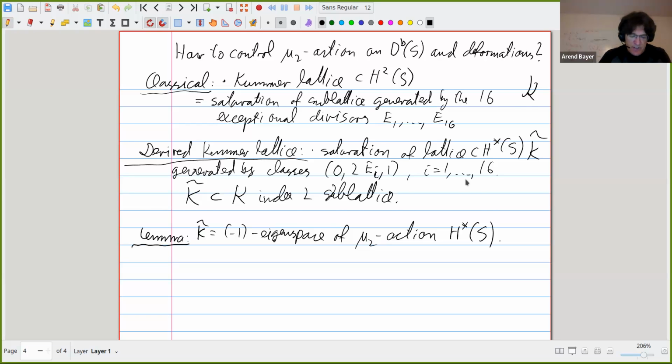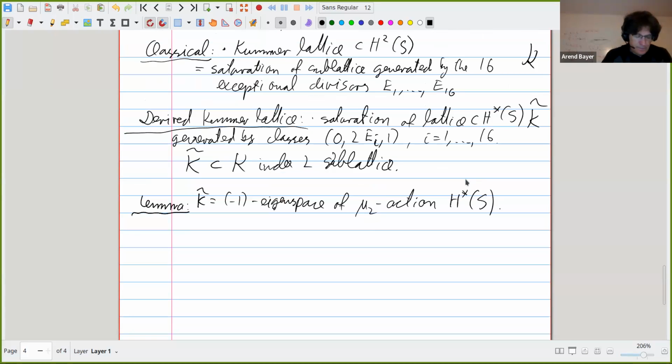Okay, and let me also add that inside the orthogonal complement, this is basically identified canonically with 2 times the even cohomology of A, which is, as a lattice, 2 times the hyperbolic plane direct sum.